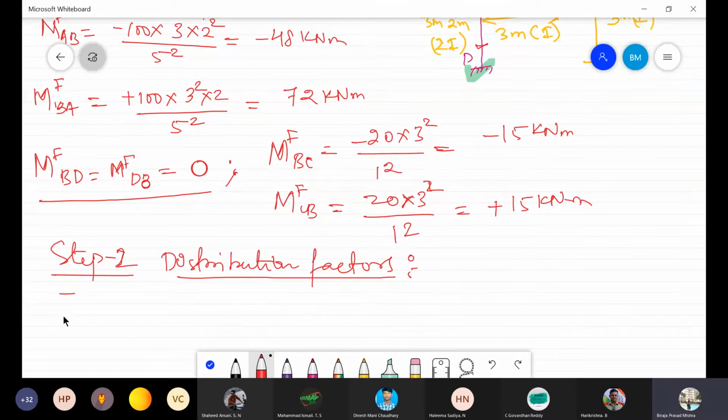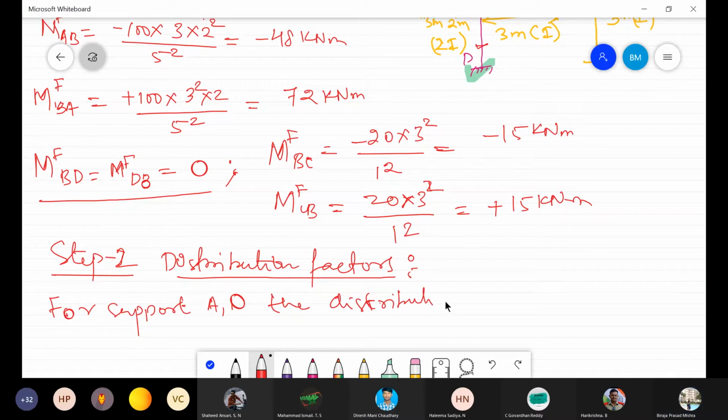Okay, so for support A, D, the distribution factor equals to 0.